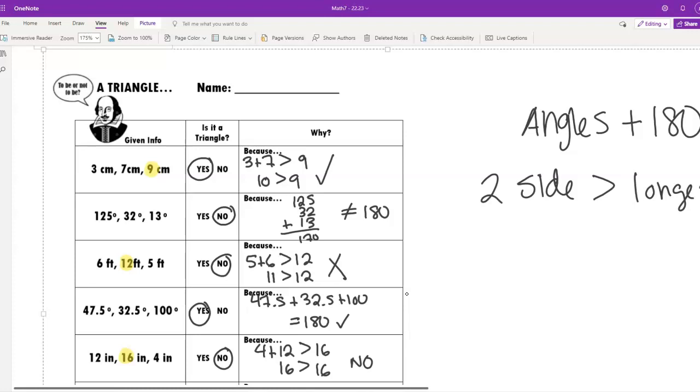The third example was side lengths. 12 feet was the longest side, and the other 2 were not big enough to reach to complete the triangle. In the fourth example, the angles all add up to 180, so that would work. And in the fifth example, the 2 shorter side lengths were equal to the third one, so it would just make a straight line. So it's not going to make a triangle.